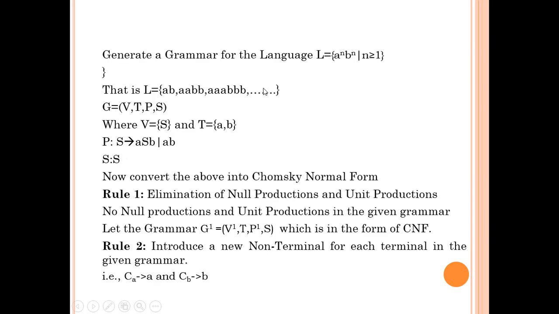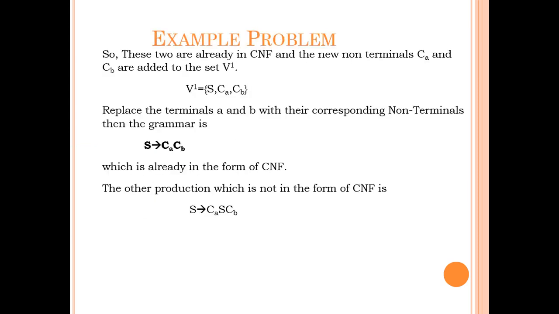What are the terminals in the production? A, B. This A will be replaced with CA and B will be replaced with CB. Then the production is S tends to CA CB, which is already in the form of CNF because this has two variables on the right side.